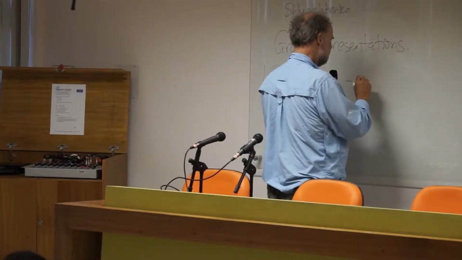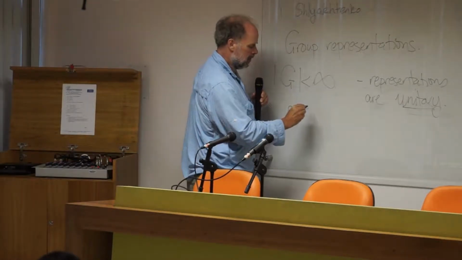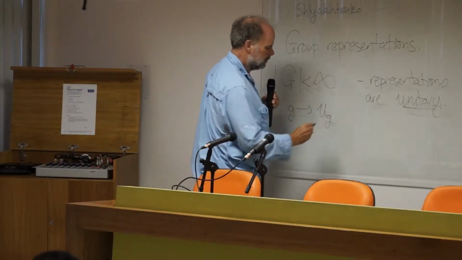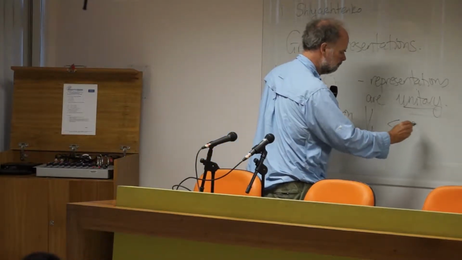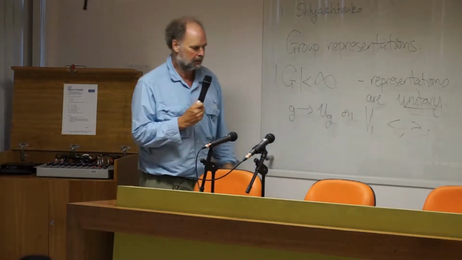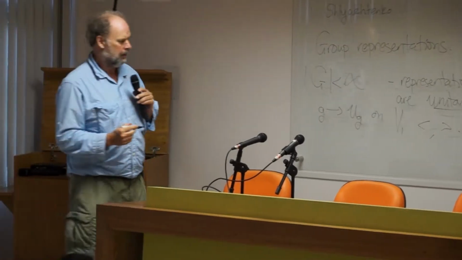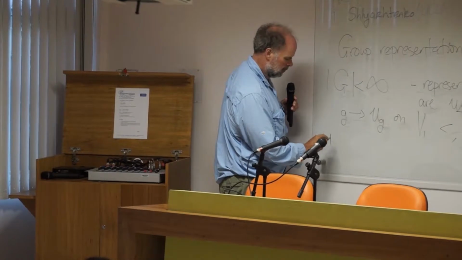So representations, which means nothing but that to each group element G you have a unitary matrix U sub G acting on some V, which is an inner product space. So the unitary transformation U_G preserves this inner product space. And it's also known that any such representation is a direct sum of irreducible representations.